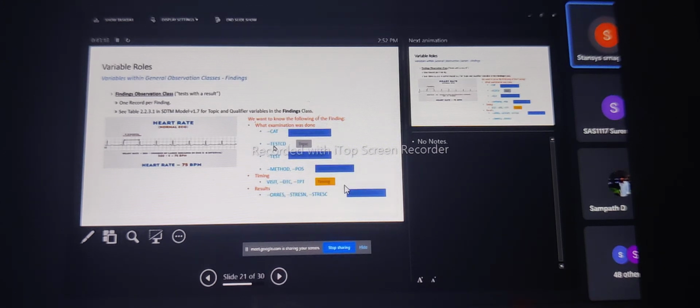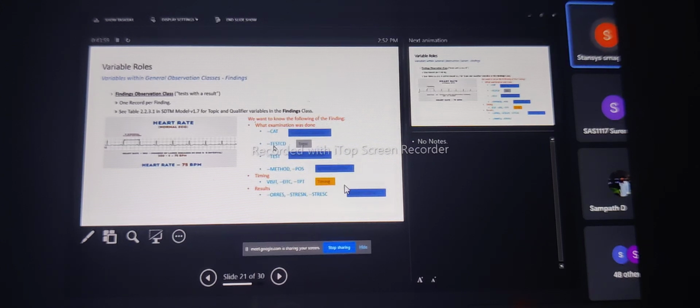So first of all, tell me what are the standard results and what are the original results? Original means we collect it from the CRF sheet. And standard means we convert that original according to specification. Specification means what? How can you convert? By conversion factors, formulas. Exactly, that's absolutely correct.